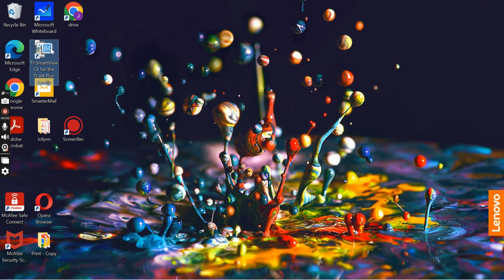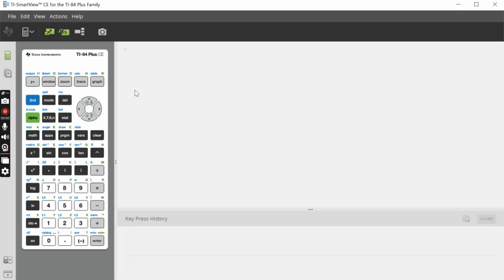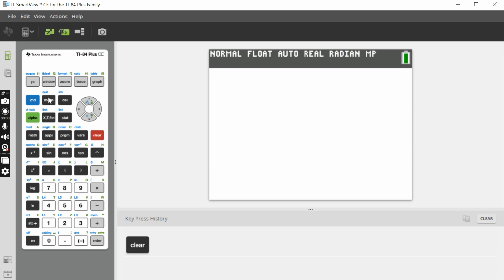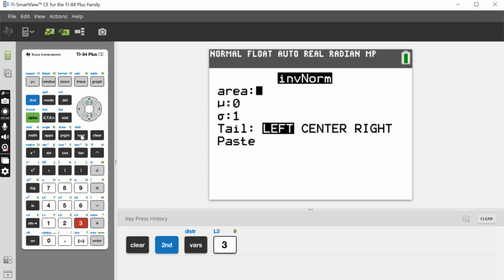If you're using your calculator, you're doing that second vars, and then inverse normal, which I think is number 3, and then typing in 0.975. Okay, so I'm doing second vars, number 3, and then 0.975.